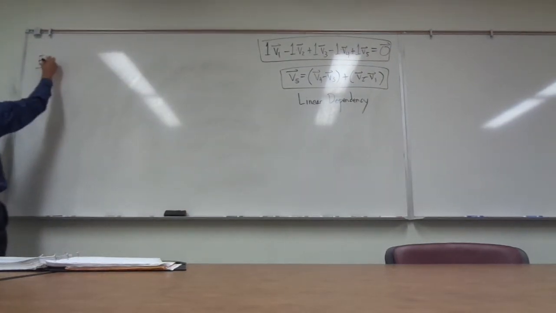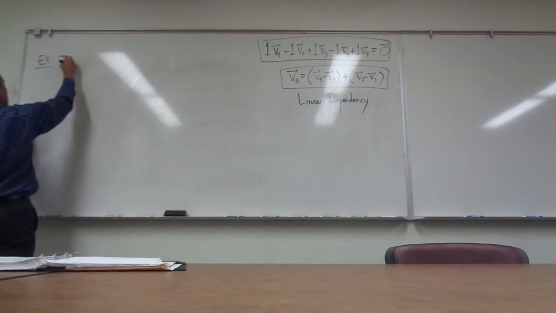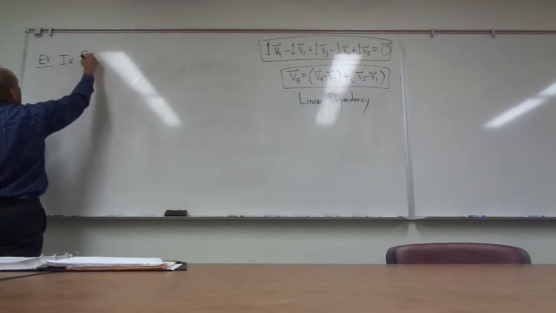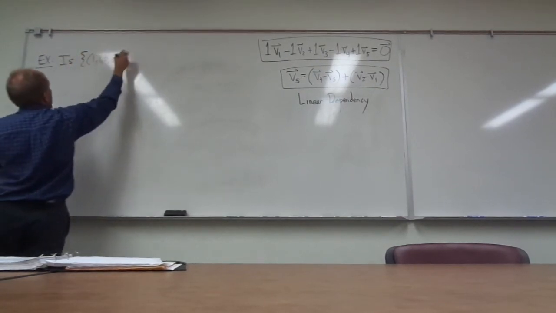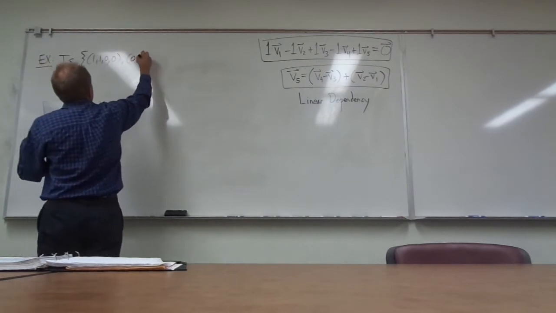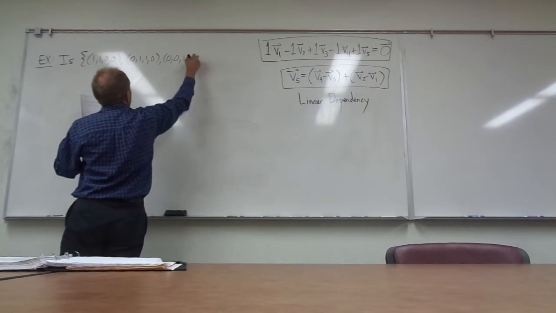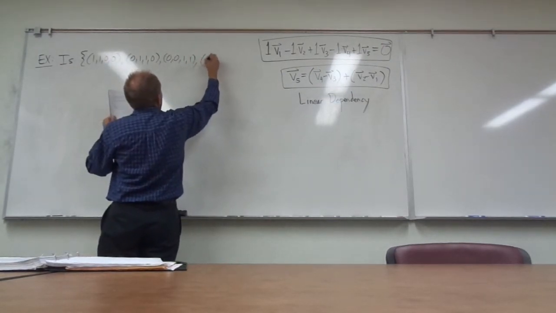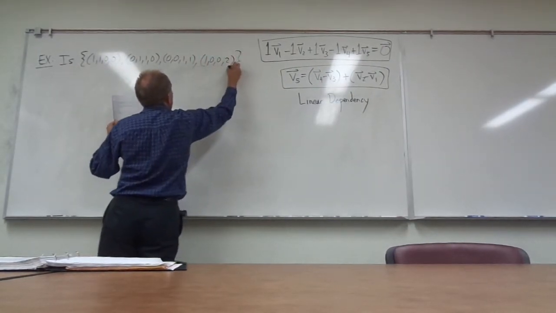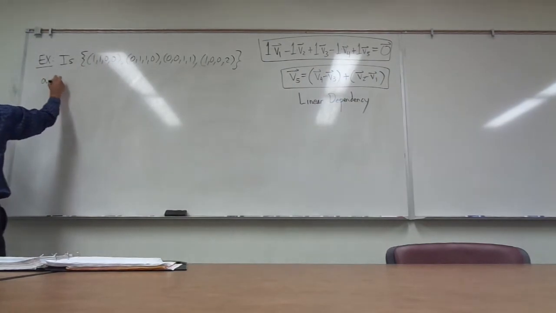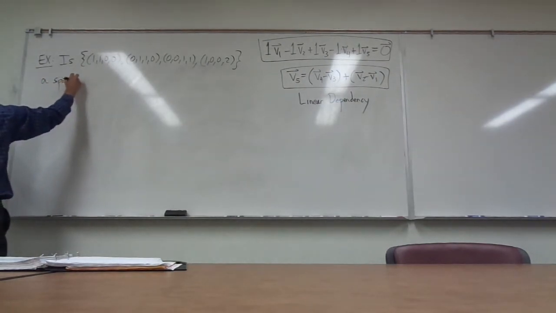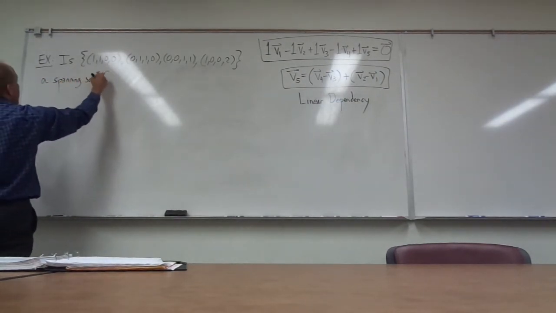The following example here is the set 1, 1, 0, 0, 0, 1, 1, 0, 0, 0, 1, 1, and 1, 0, 0, 2. Is it a spanning set for R4?